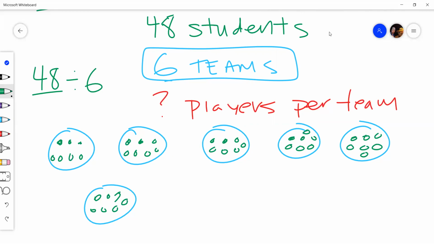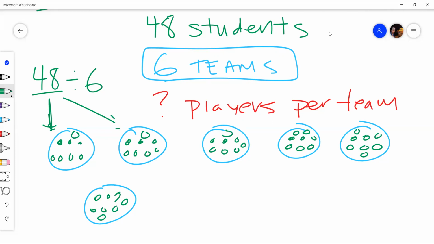Oh, I'm so close. 43, 44, 45, 46, 47, 48. So there it is. We actually took these 48 players and we distributed them equally into the teams.